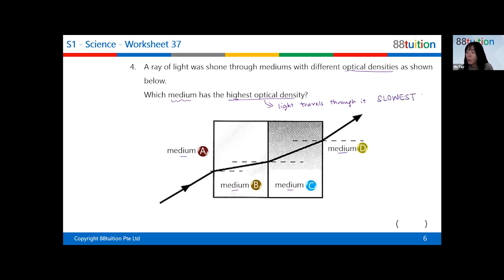So it will have the lowest speed. So when light travels at a lower speed, when it enters from a less dense medium to a more dense medium, it is going to cause the light to slow down. And when the light slows down in its speed, it's going to bend towards the normal.